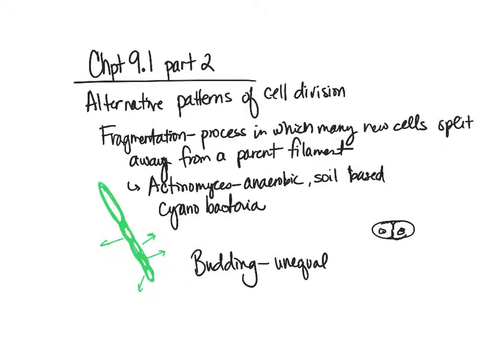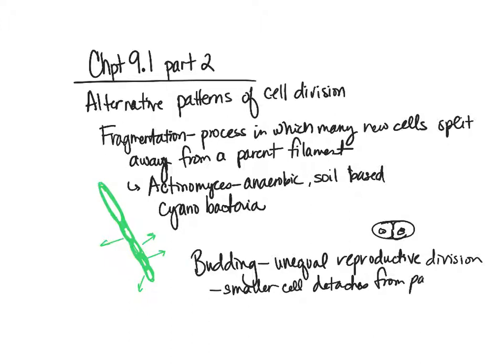With budding, we have an unequal reproductive division, where the smaller cell detaches from the parent cell.